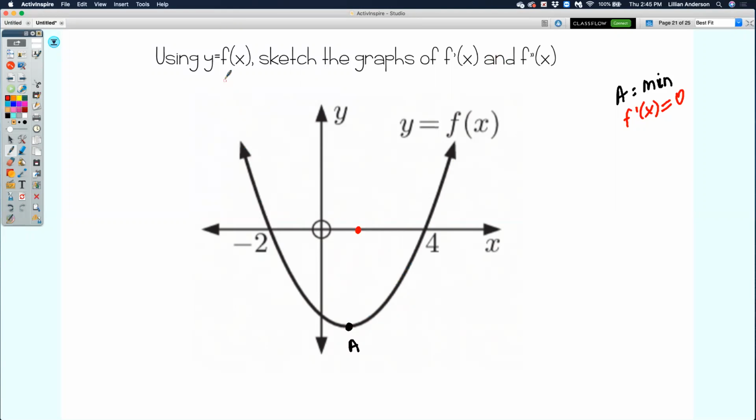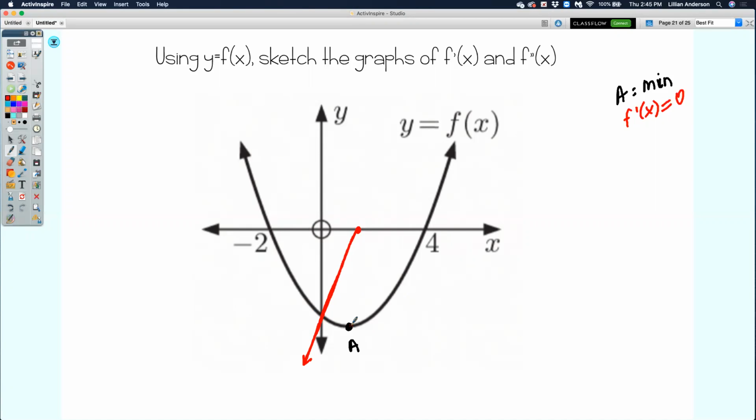So if it's decreasing from negative infinity to that point A, that means the first derivative should be what? Below the x-axis. Negative. It should be negative. It should be below the x-axis. So that means that when I draw it, it needs to be down here, below the x-axis.